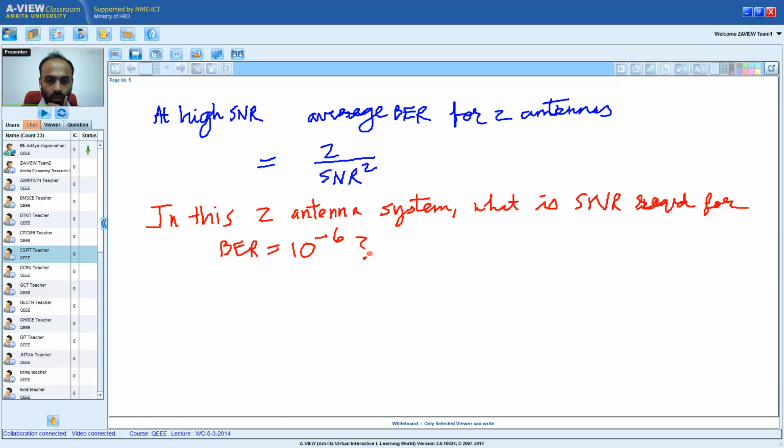In a two antenna system, what is the SNR required? I am asking for the SNR in dB. What is the SNR in dB required for a bit error rate of 10 to the power of minus 6?